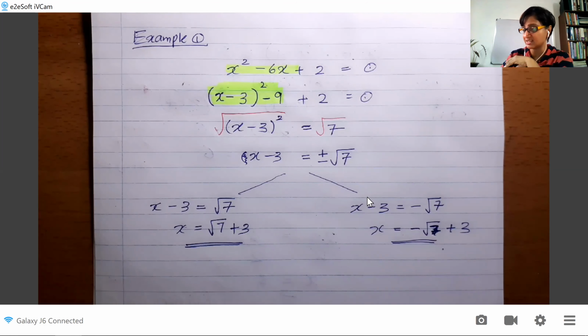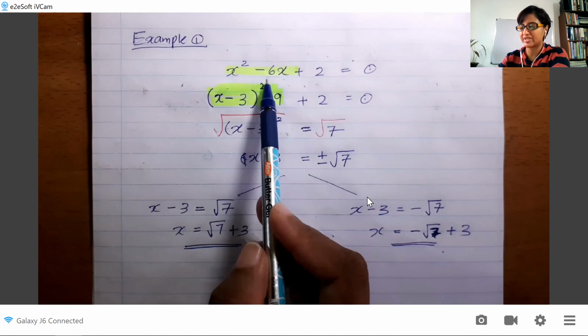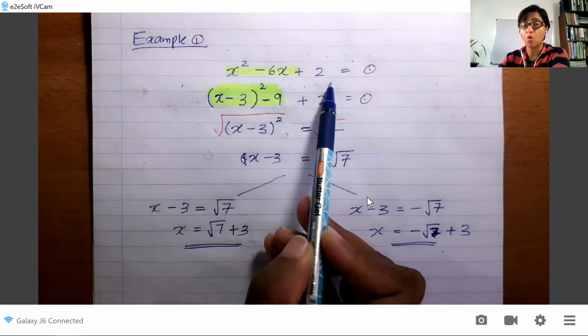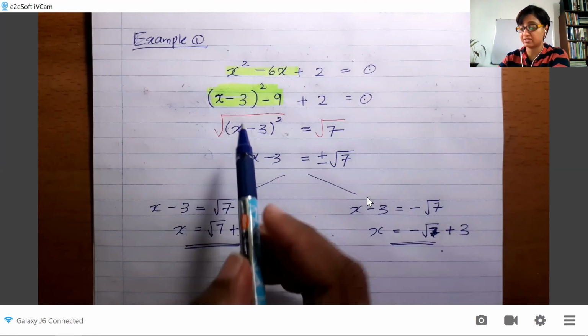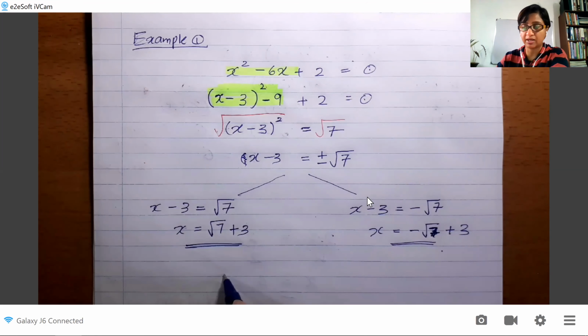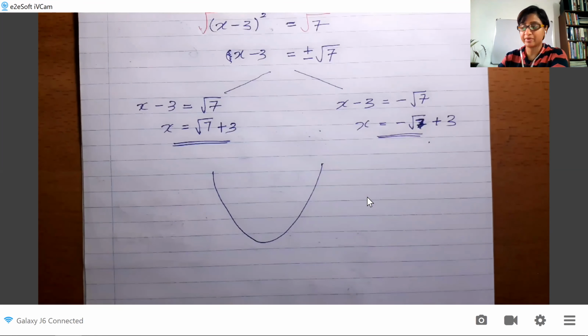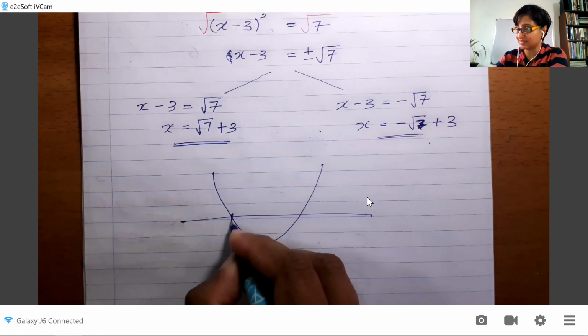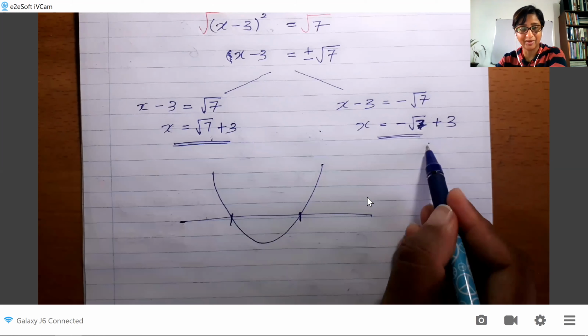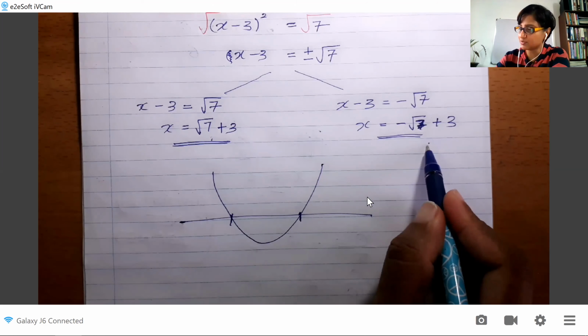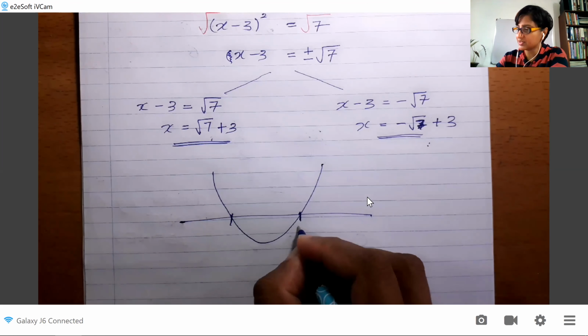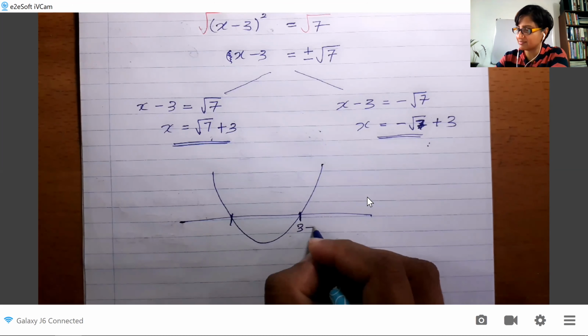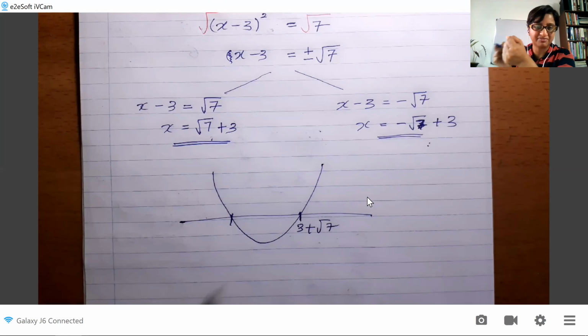Now the corresponding function, if you think of y equals this expression, is a smiling parabola. And the two numbers here are this number and that number. So this would be 3 plus root 7, whatever that number is. You can approximately find it from your calculator.